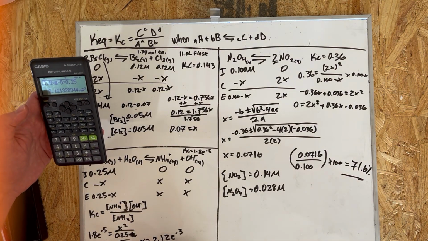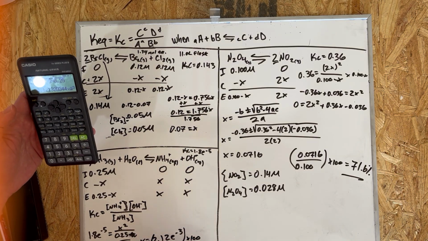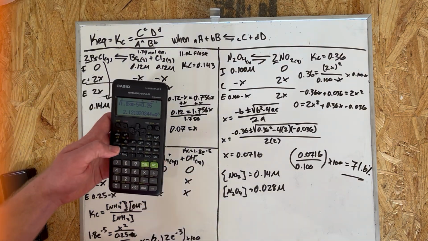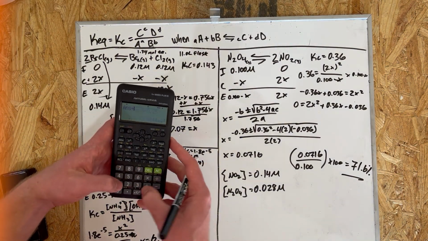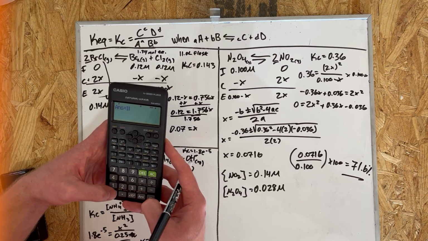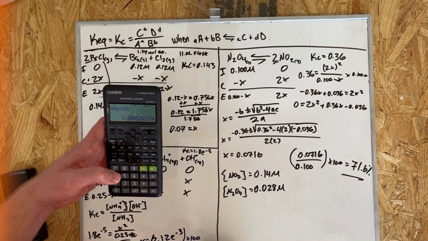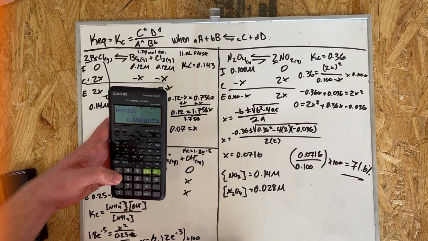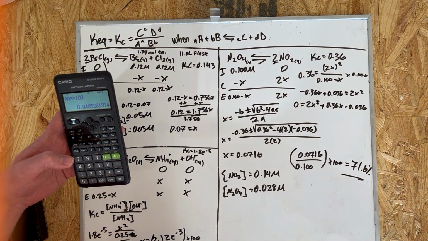So divided by 0.25, we'll multiply that times 100, and we want that to be less than 5%. So we'll leave that in the calculator, divided by 0.25, and then times 100, and we have 0.84%. So that one is okay to simplify.